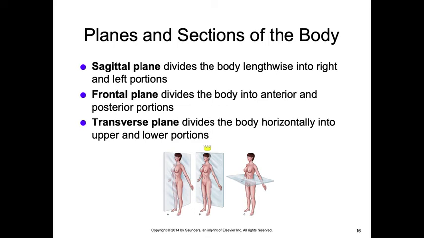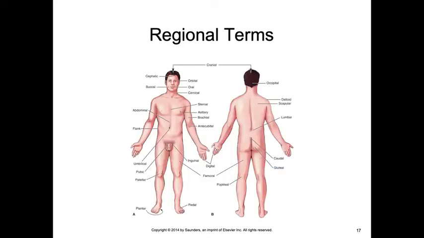Before we had that technology, we used to have to do something called exploratory surgery, where we would open you up and look around for a problem, and we might or might not find it. And if we didn't find it, we would sew you back up, and we'd have to wait until the problem showed up again. Okay? These regional terms you're going to have to learn.